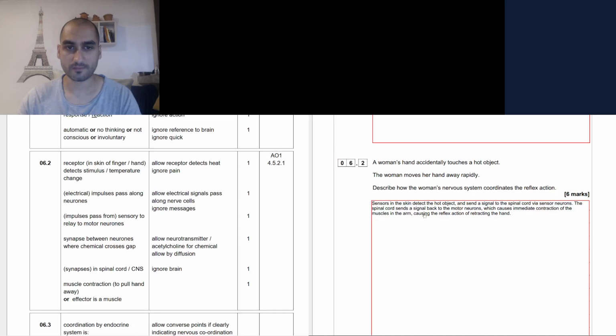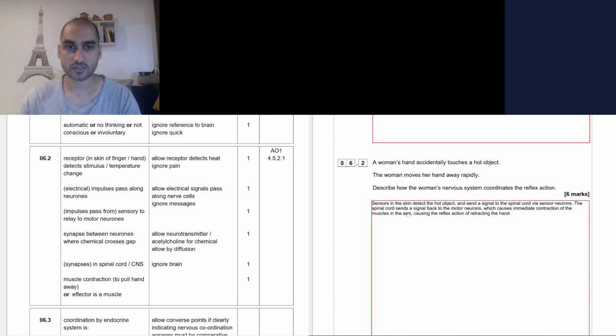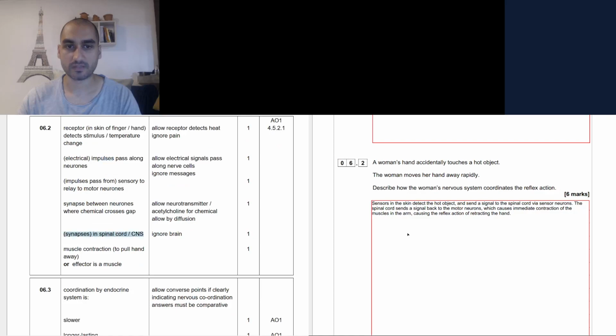Or kind of like what they've said here. Sensory to relay to motor neurons. I've sort of said this. I think that's 1 mark. I've said spinal cord. And I've definitely said muscle contraction. So I think 3. It could be 2.